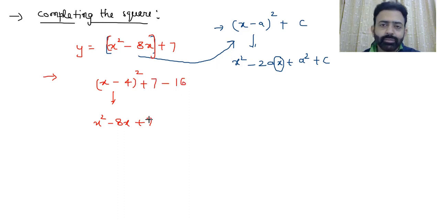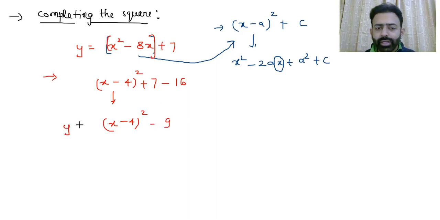So minus 16. So x minus 4 whole square plus 7 minus 16. This is just for your explanation. So this is x minus 4 whole square, and simplifying, it is minus 9. So this is how I will write any quadratic expression in completing the square form, of the type x minus a whole square plus some constant.